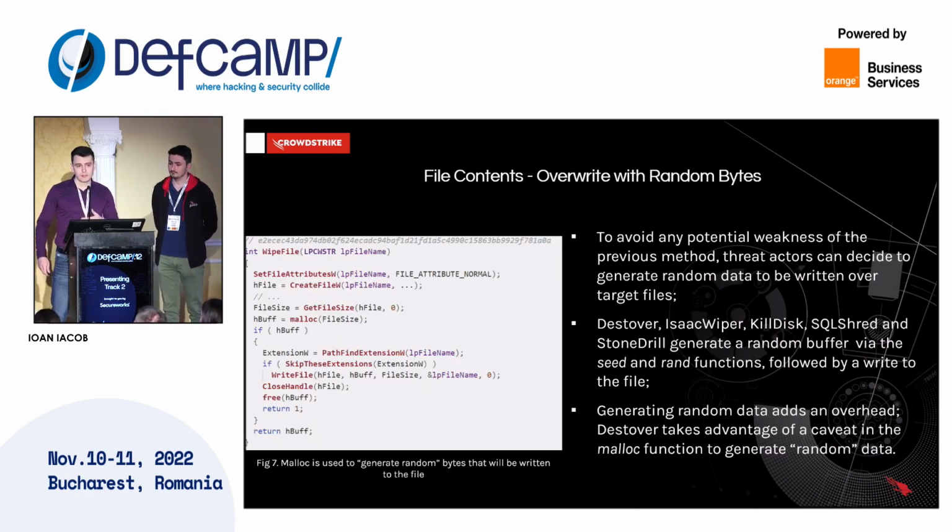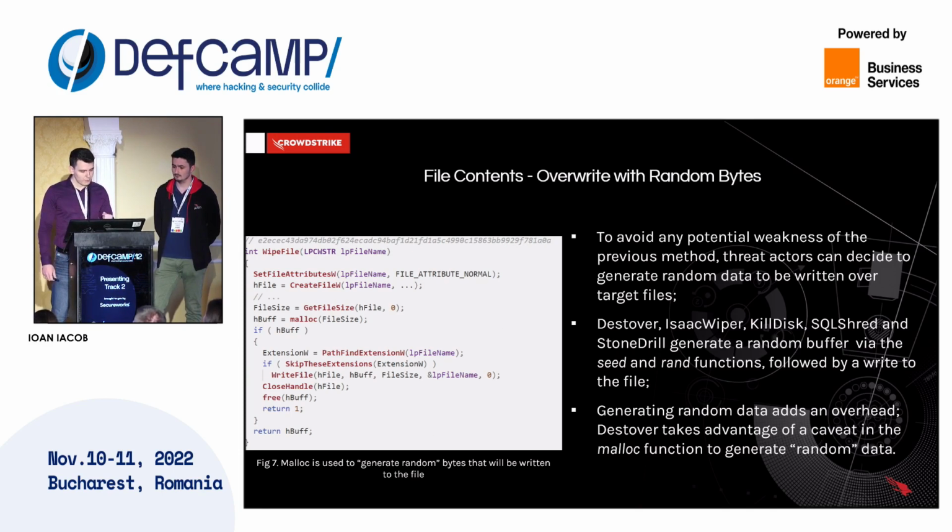Other wipers decided to implement random data. So they generate a random buffer. This buffer, of course, when it's generated, takes some computational power, so the operation will take more time.